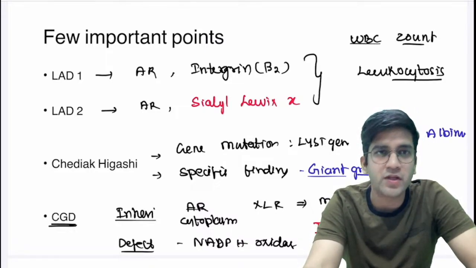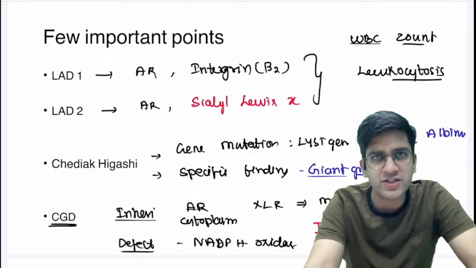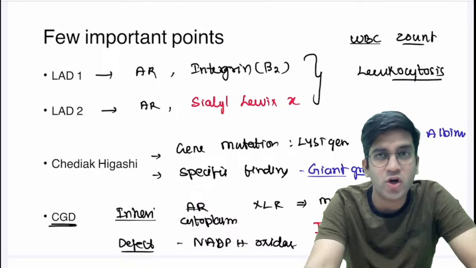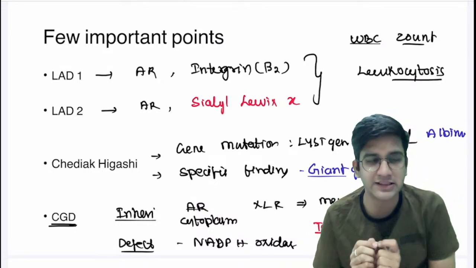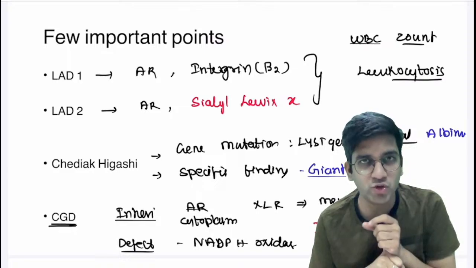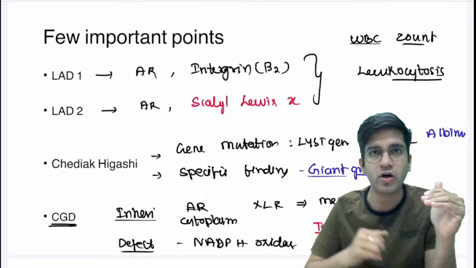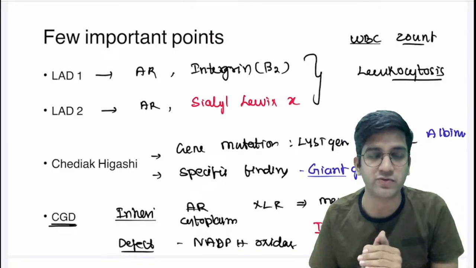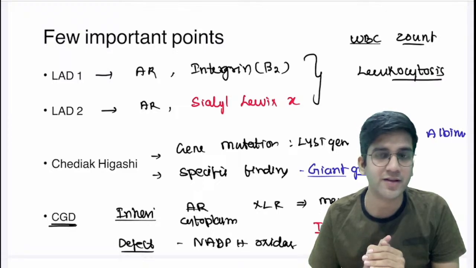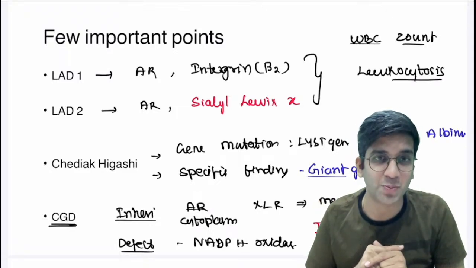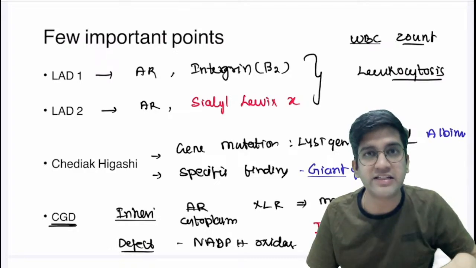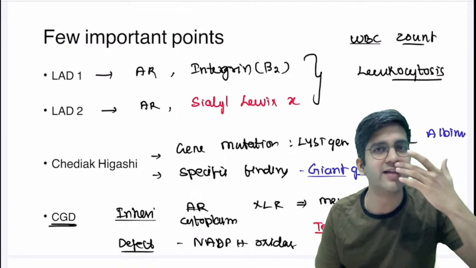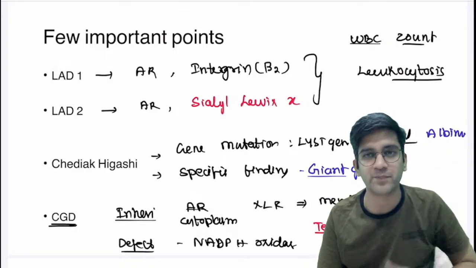LAD1, LAD2, Chediak-Higashi, your CGD or an MPO deficiency, all are innate immune response defects, right? Perfect. Now tell me, just answer this question. Is the innate immune response more powerful or is the adaptive immune response more powerful? Adaptive immune response is more powerful, right? So do you think these patients will have life-threatening disease or just recurrent sore throat or recurrent URI?